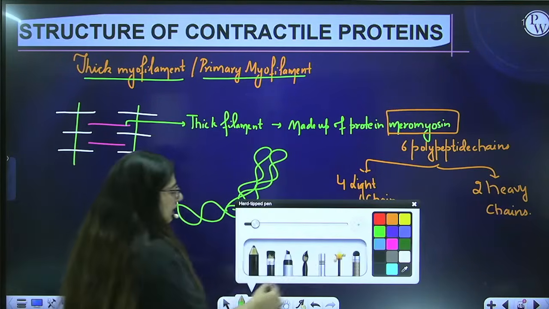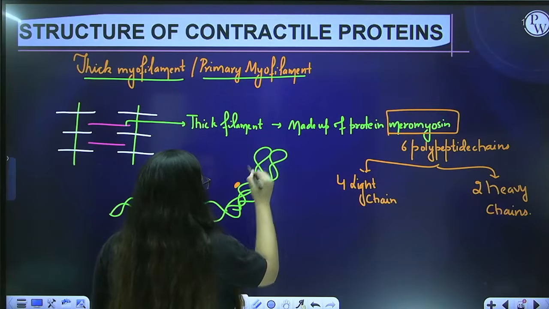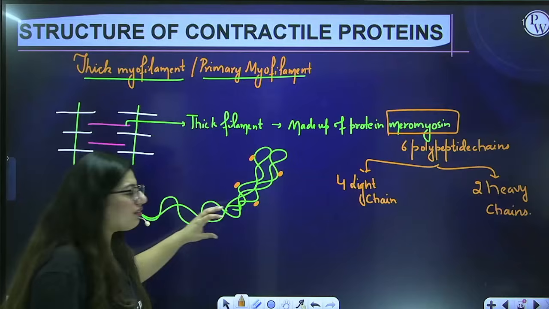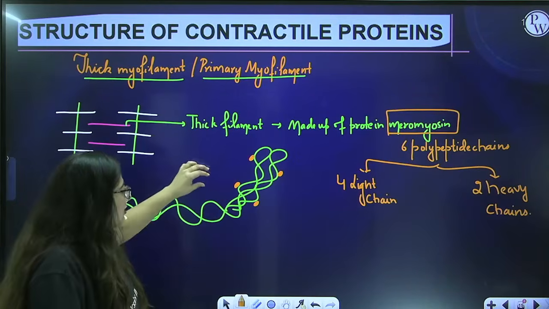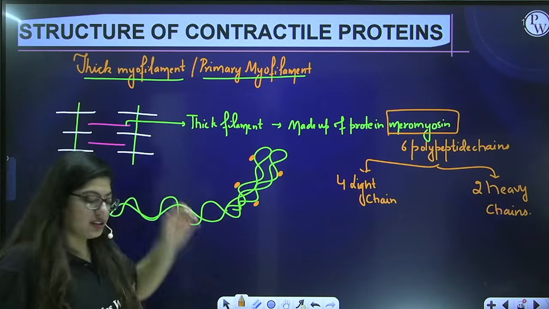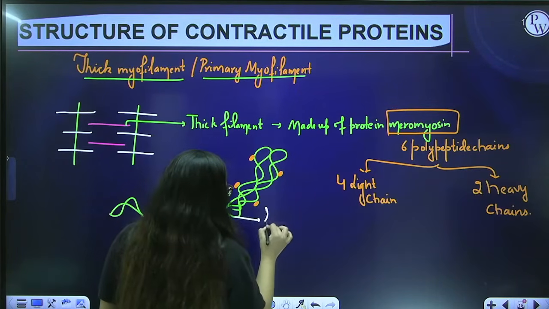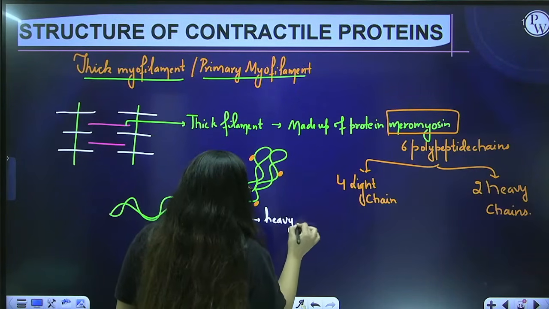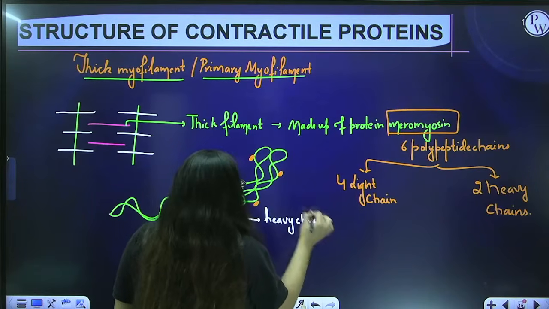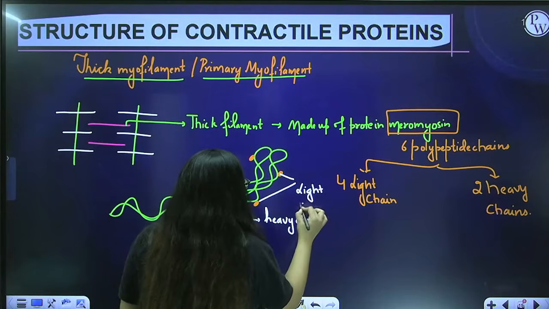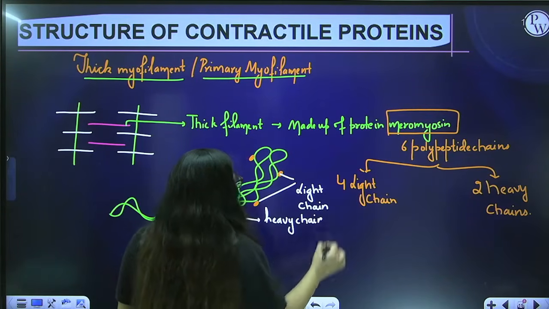The light chains are present at this portion here, like this. 4 light chains. So the green ones are the heavy chains, and these orange ones are the light chains. Now the entire structure has been divided into portions.